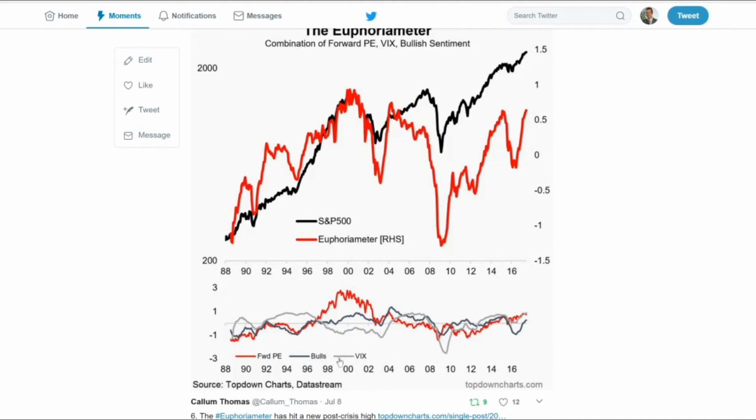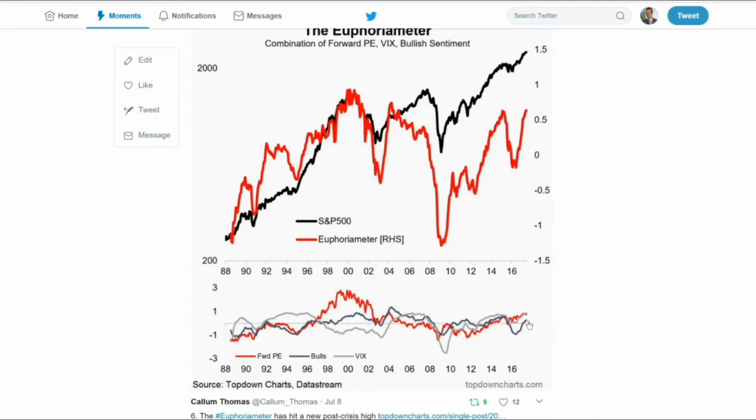Those last two are smoothed on a 12-month basis so that you can see more of the cycle. If you don't smooth them, they can become very noisy. But the forward PE is just the month-to-month readings.